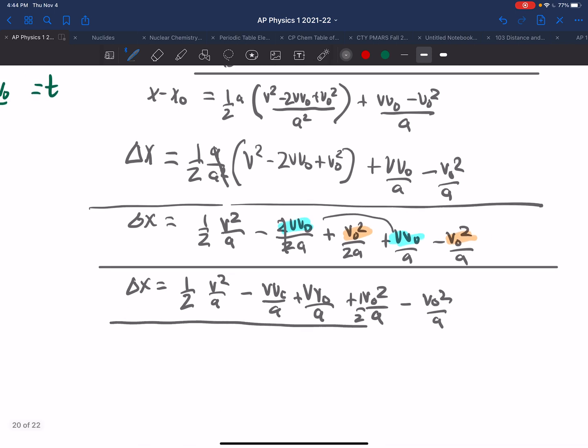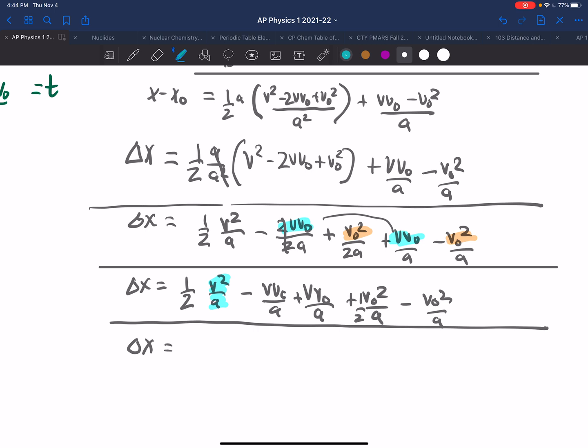Now coming down to this next step, we can factor out an a. So delta x is, actually let's wait on that for a second. We have v squared, this is our only v squared term. And we have minus v0 and plus v0.